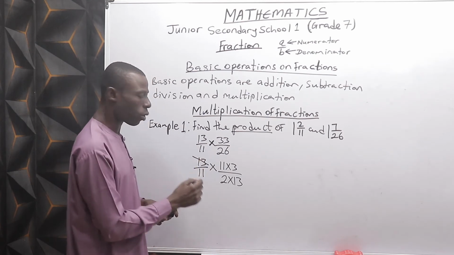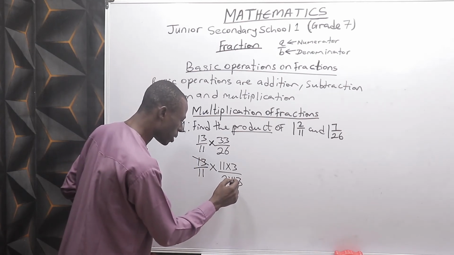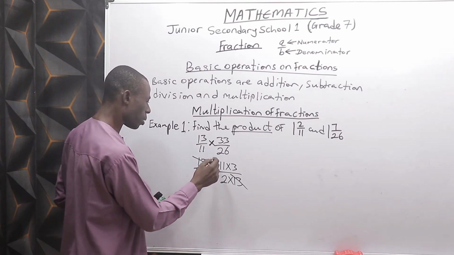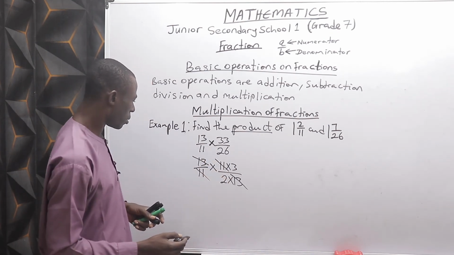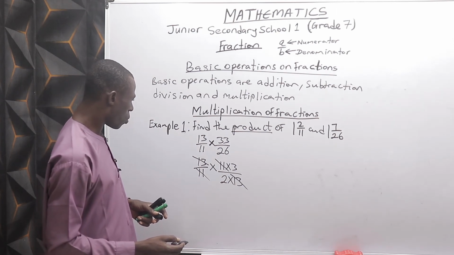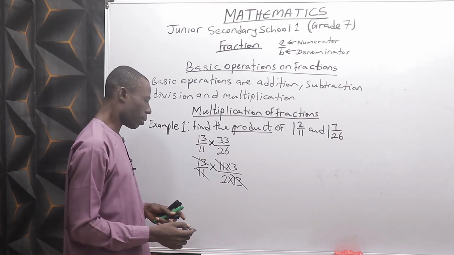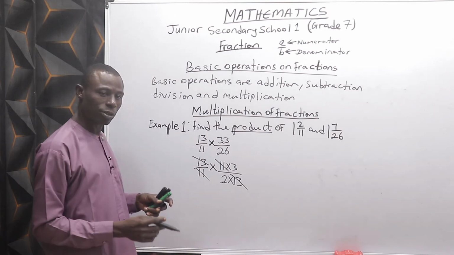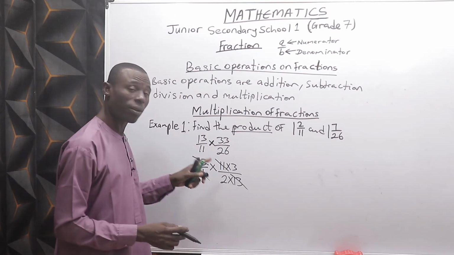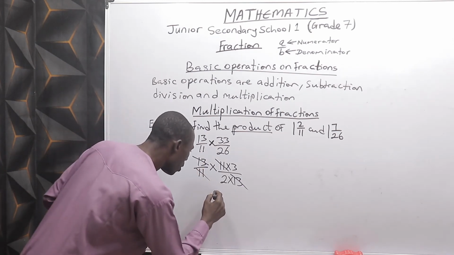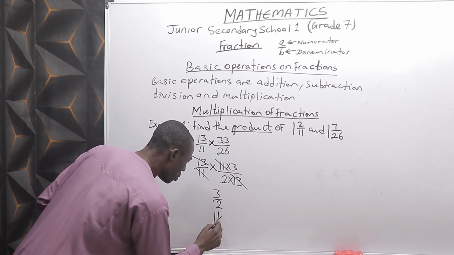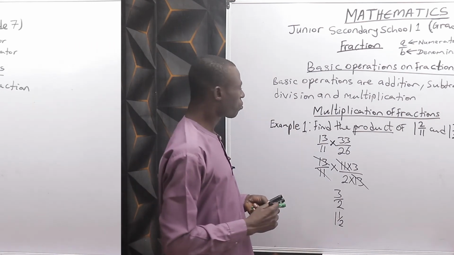You see that 13 cuts 13 with ease. 11 cancels 11. What is this? 3 over 2. I think in today's class there is something about 3 over 2. So answer is 3 over 2, which is 1 whole number 1 over 2.